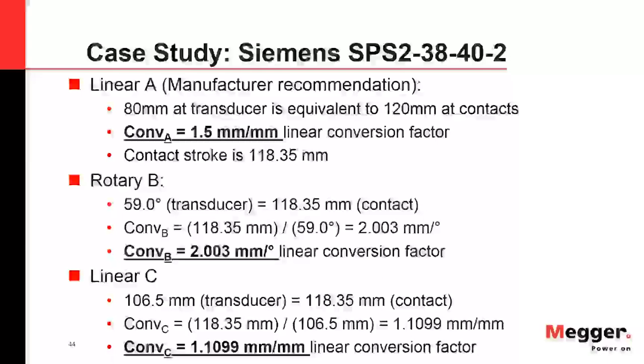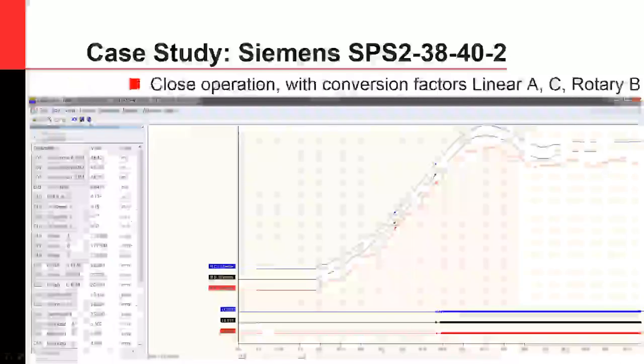And if you look at the modern manuals of these breakers, they'll actually say that 110 millimeters of movement at the transducer, if you hook up at this linear C point, is equivalent to 120 millimeters of stroke at the interrupters.